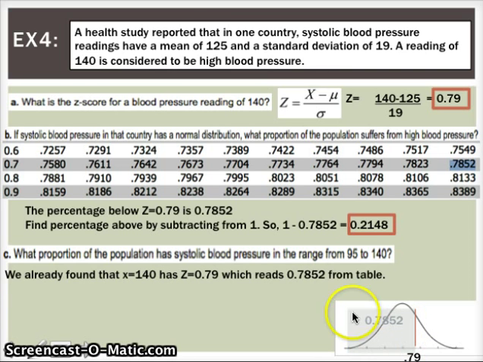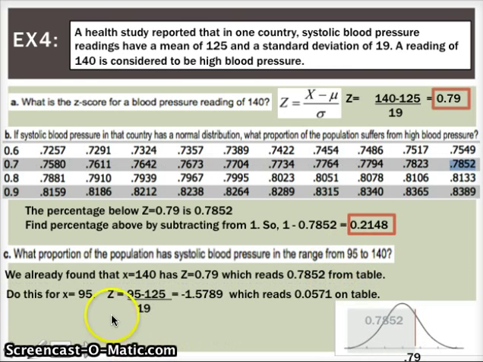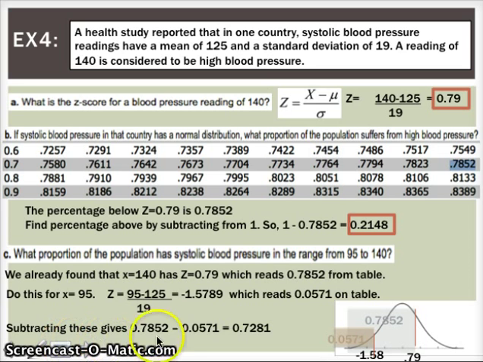Now let's do the same thing for 95. If we do this for x equals 95, we get a z-score of -0.95, and we can read our number for that off of the table, which is 0.1711. So to get our answer, we subtract these, and subtracting them gives 0.7281.